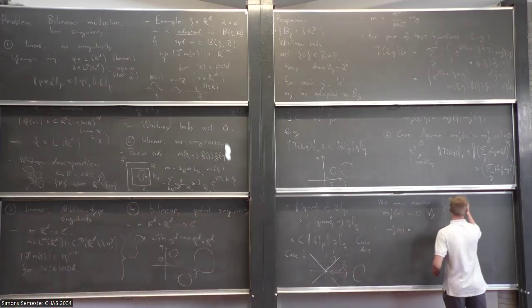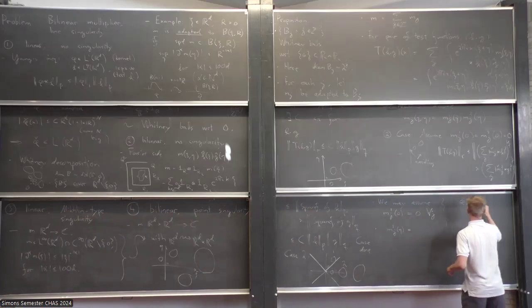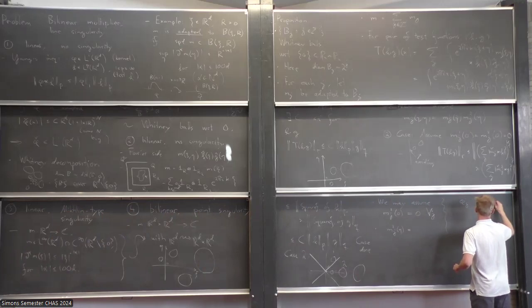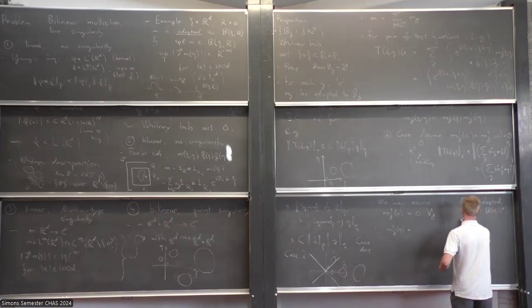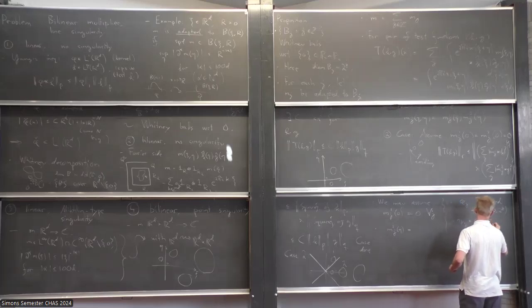So let's take phi_j to be Littlewood-Paley, or this would be a function that is adapted to B_0 to J. Then we have psi_j to be phi_j minus phi_{j-1}.